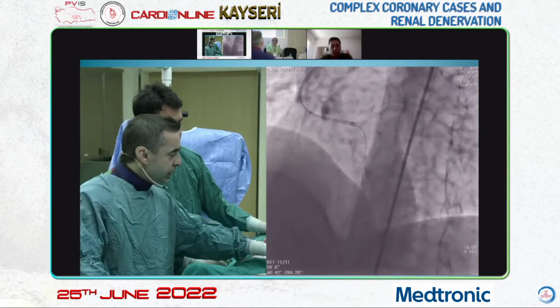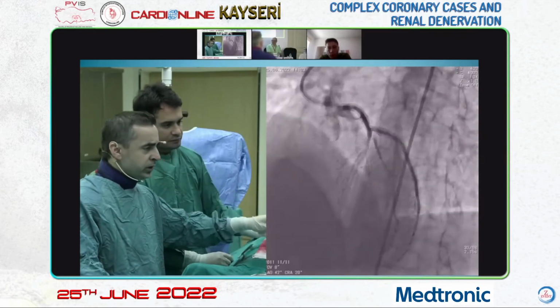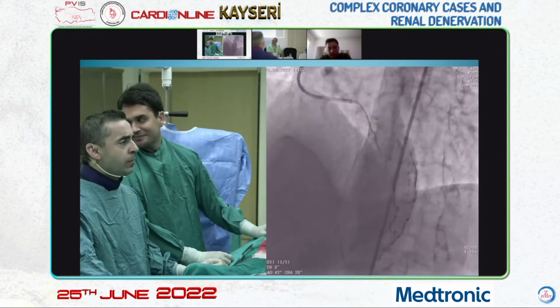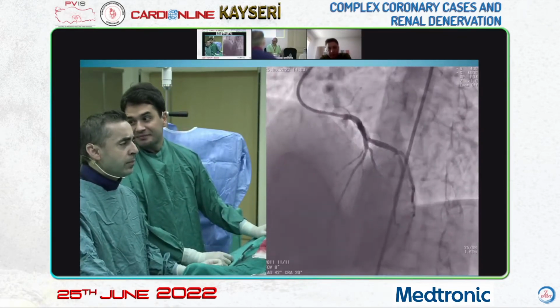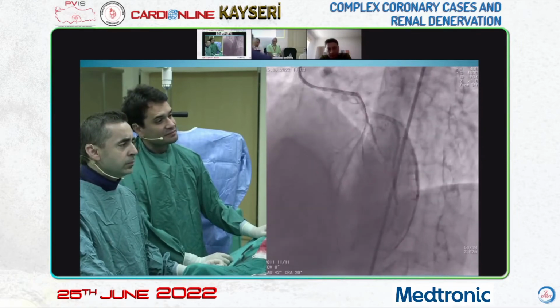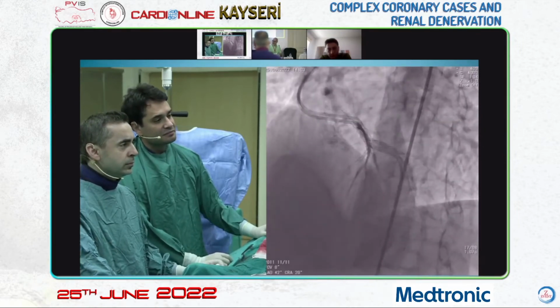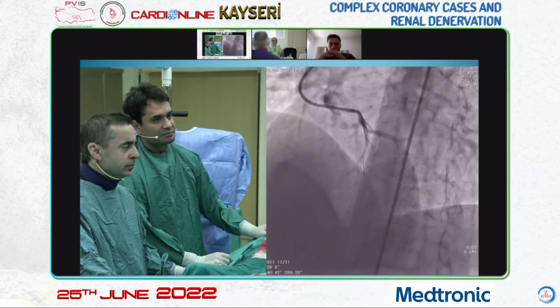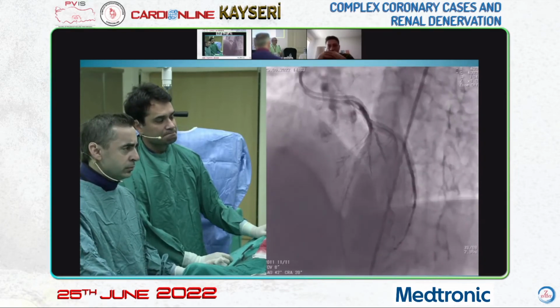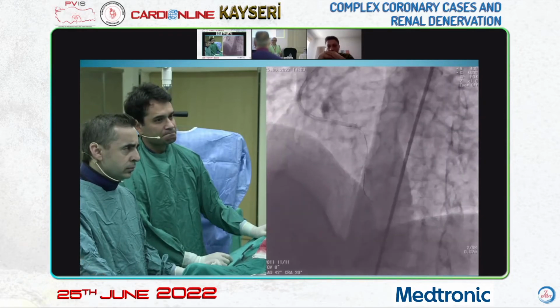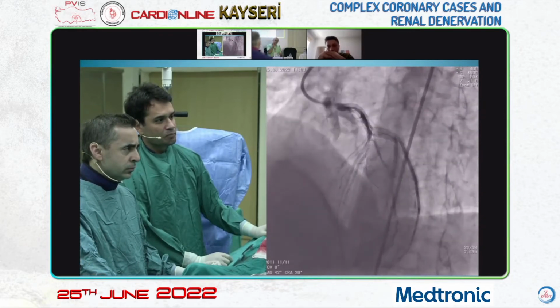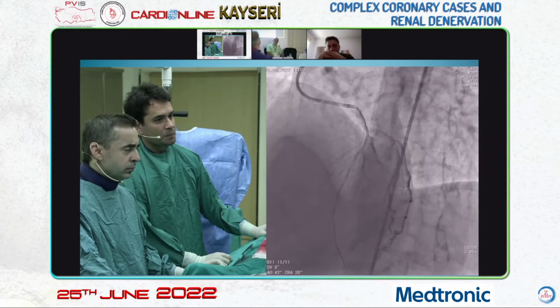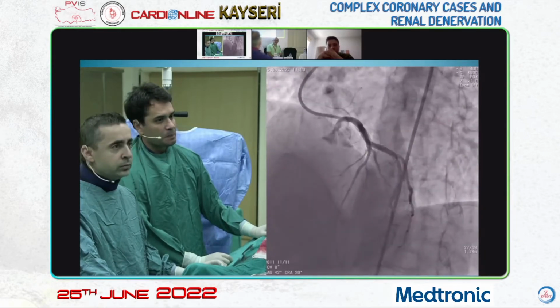We made the nitrate thing. So instead of this, maybe there could be medicated ballooning, instead of medicated blood, maybe a control angio within a month.